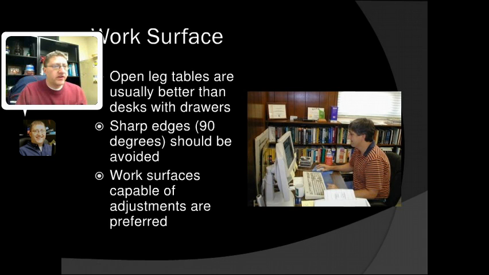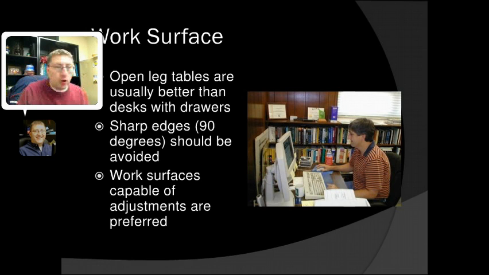And notice some of the other things here. Yes, it's convenient to have drawers and other filing storage below the desk surface, but that impinges your ability to have appropriate legroom to get a footrest in there if you need to, etc. So oftentimes open leg tables are better, rather than cramped drawers and filing cabinet stuff, or other hardware, computers, printers, stuffed under your desk.